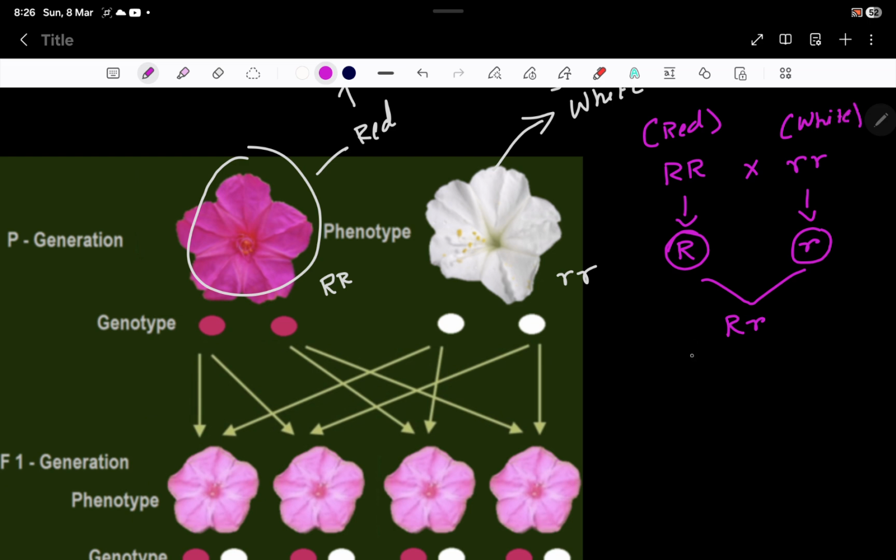As none was dominant, this will create a pink phenotype of flowers.